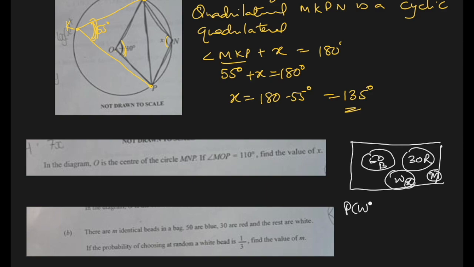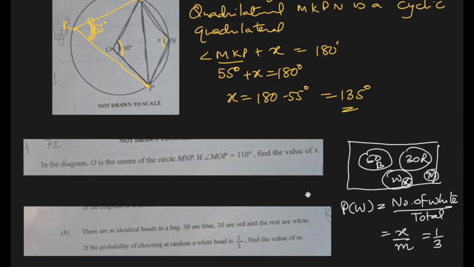Probability of white will be number of white beads divided by total number of beads, correct? Which is x divided by m. And they said it is 1/3. And this fact will help us to find m. Yeah, they're asking m. X is not their interest.